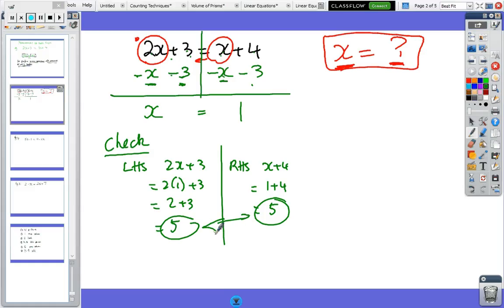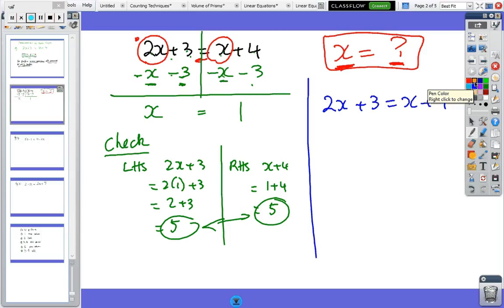Just to show you another way that I love doing these equations, rather than putting pluses and minuses, I'll show you how I show the older kids how to do it. Once we decide that we're going to move things, x is going to move, so I circle it and put an arrow, and the plus 3 I'm going to move to the other side. So once letters go left, numbers go right, or vice versa.